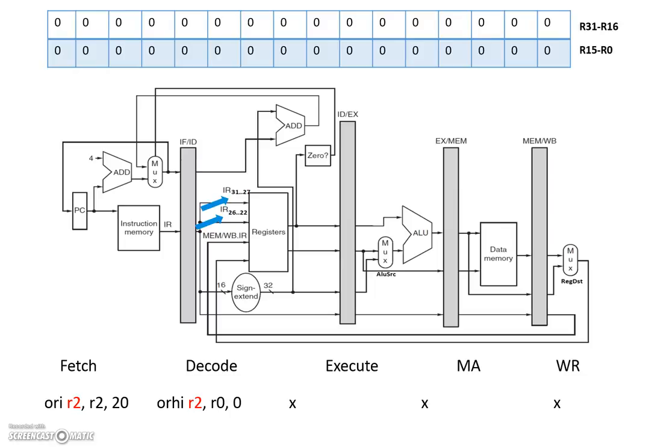Because of pipelining, the first instruction will go to the next stage, but the second instruction will try to acquire a value which has not yet been written to that specific register. This phenomenon is called data hazard.